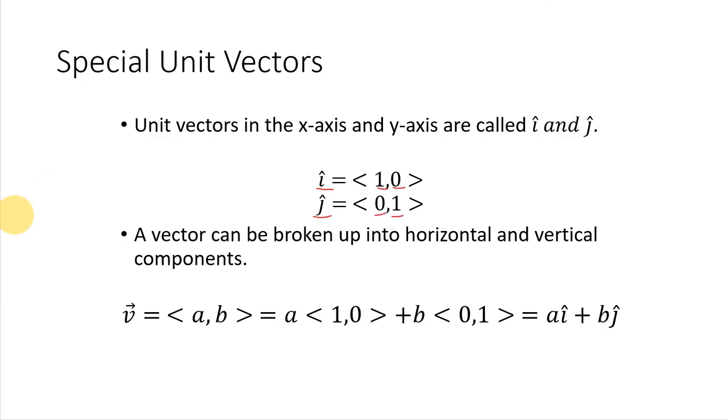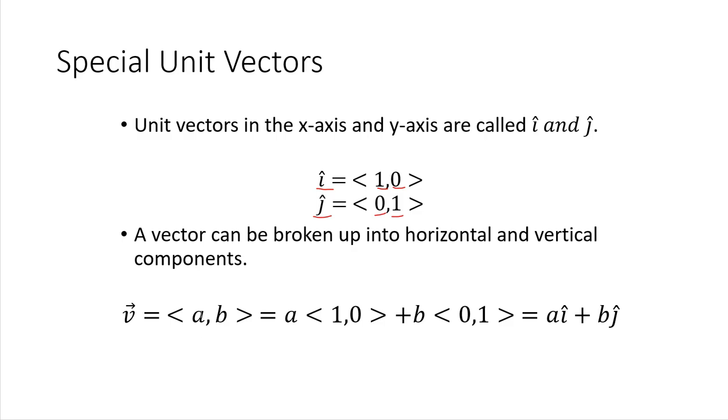Those have magnitudes of 1, and that's an important thing to understand. Sometimes you'll see the terms unit vector i, unit vector j. In higher level math, like vector calculus, we sometimes call these i hat and j hat because they have a little hat on them. But essentially, it's just unit vector i, unit vector j.